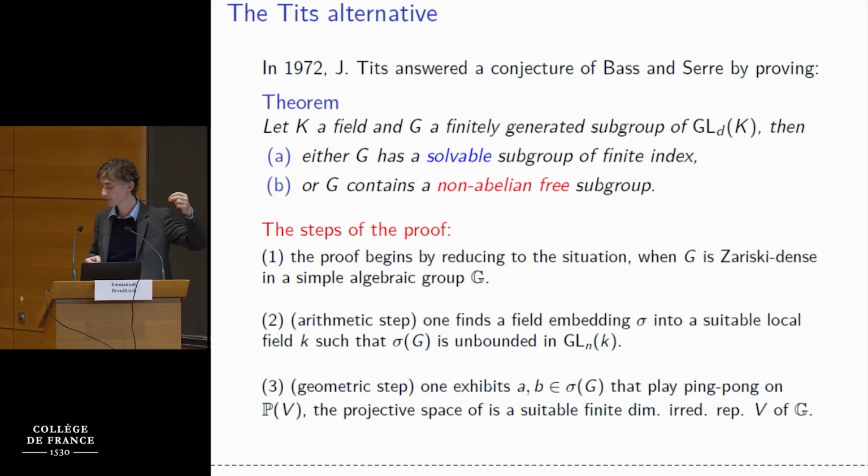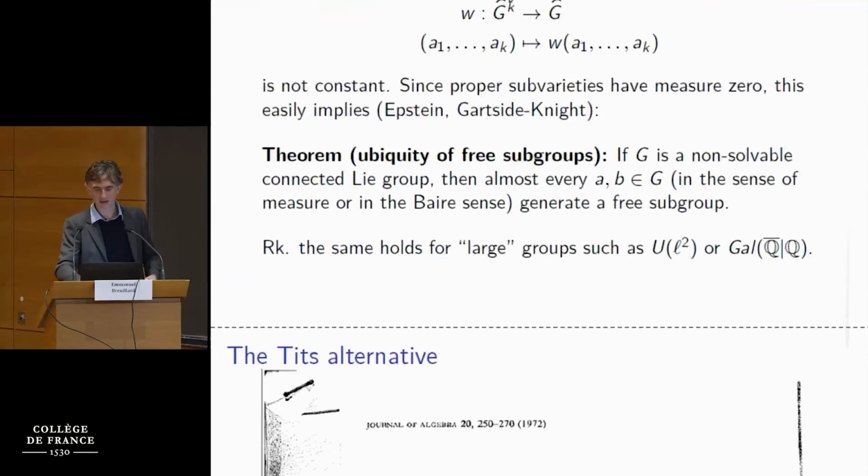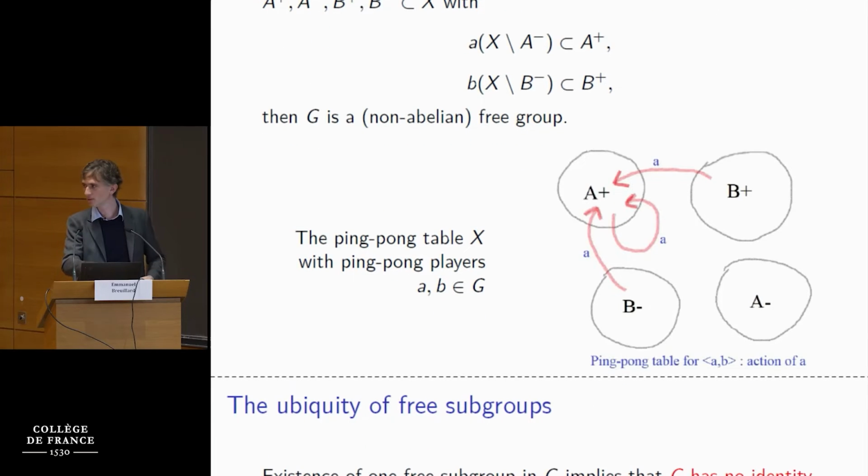Okay, and this is where suddenly the ping pong table will show up, because A plus will be a neighborhood of the top eigendirection of A, and A minus would be a neighborhood of the hyperplane corresponding to the eigenvalues of smaller modulus.